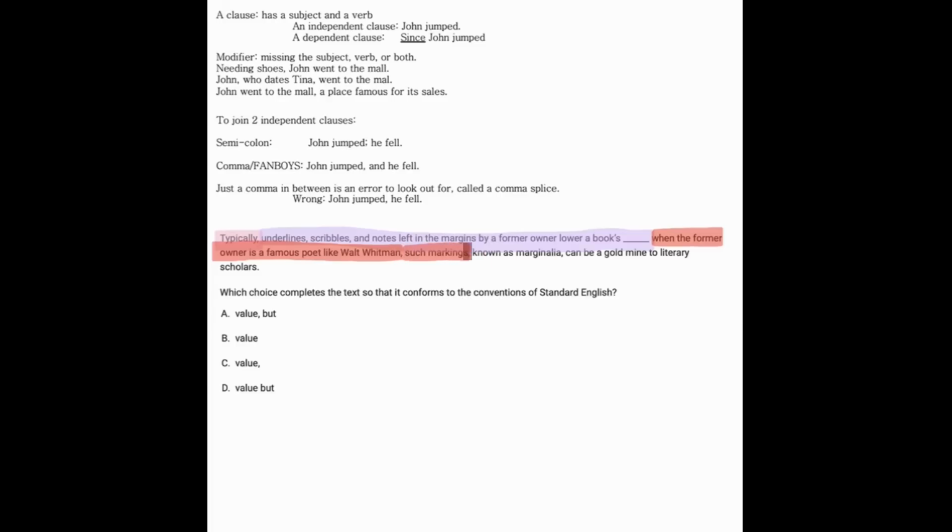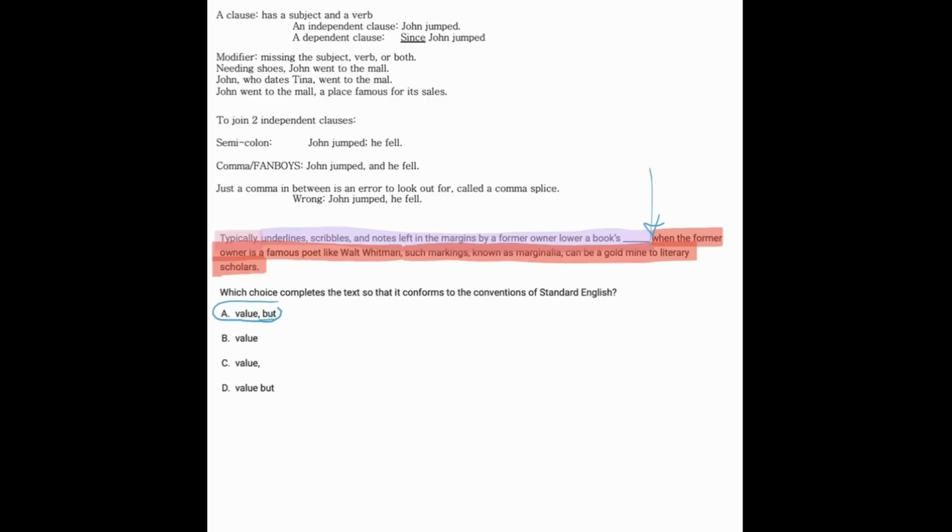And even though this red part is a dependent clause followed by an independent clause, it counts as its own entire movement. It really is a complete thing that could be its own sentence. So we need to separate right here as if we had two independent clauses with either a semicolon or a comma, fanboys.